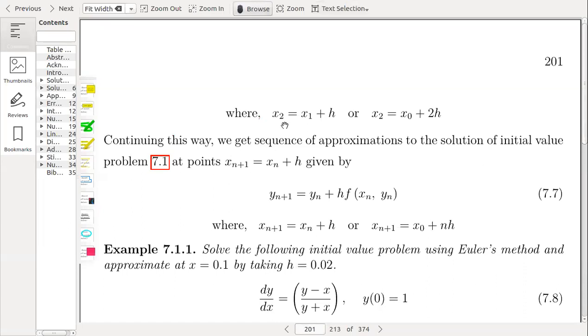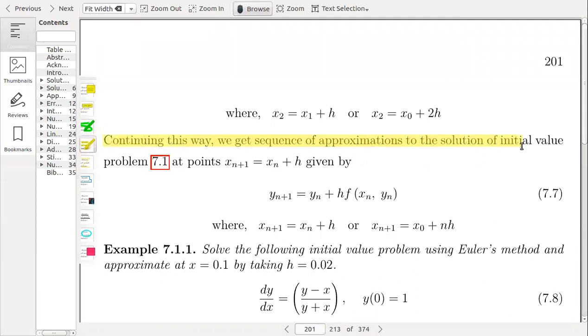Here we can say that x2 is equal to x1 plus h, or x2 can be written as x naught plus 2h. Continuing this way, we get a sequence of approximations to the solution of the initial value problem.